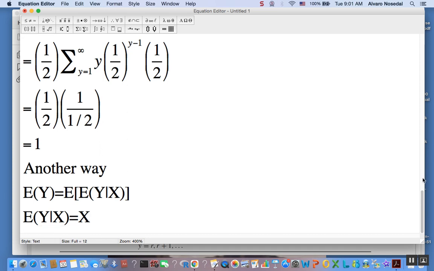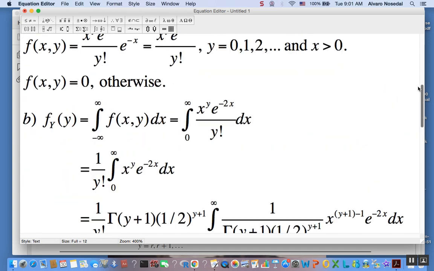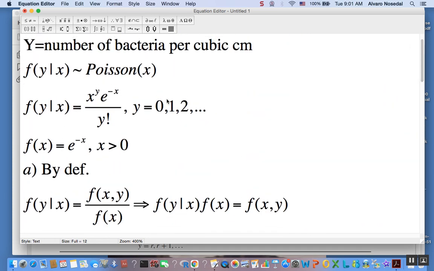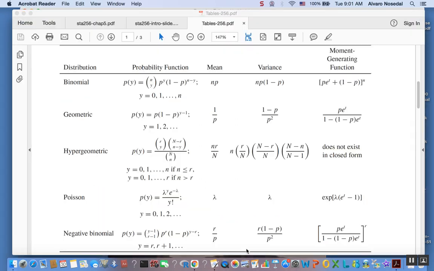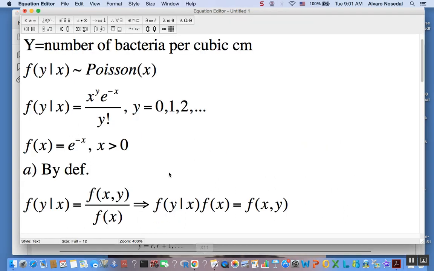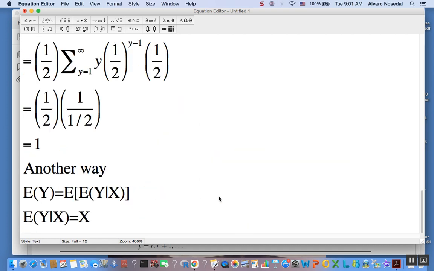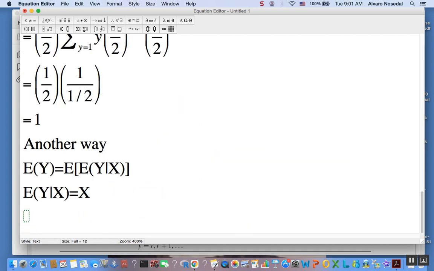And again, this is just because we're told that y given x has a Poisson with parameter x. So Poisson with parameter lambda, mean lambda. Poisson with parameter x, mean must be x. And then we take the expected value on both sides.